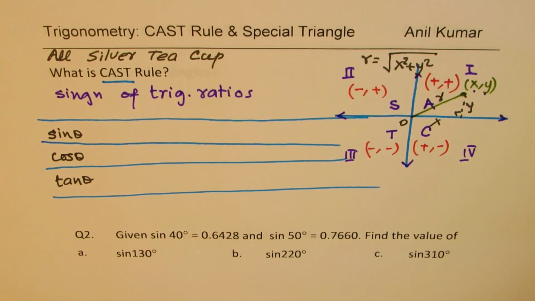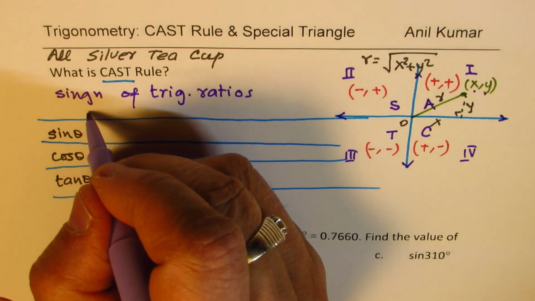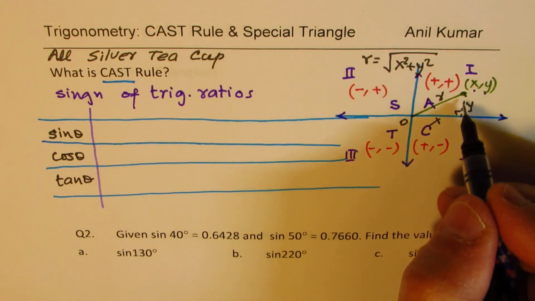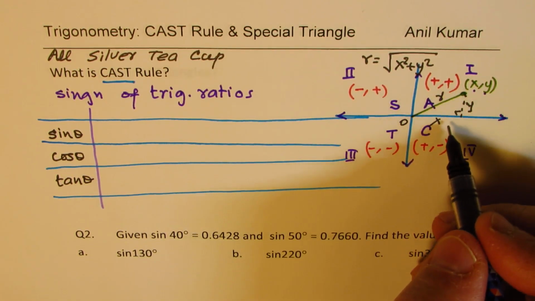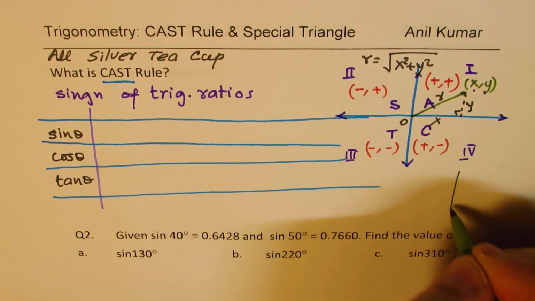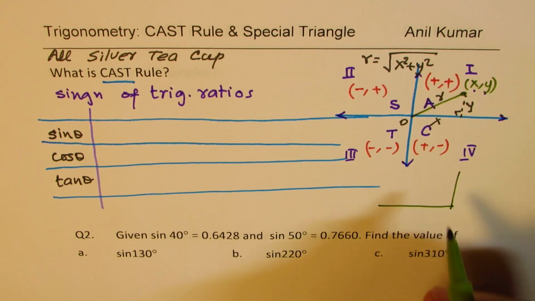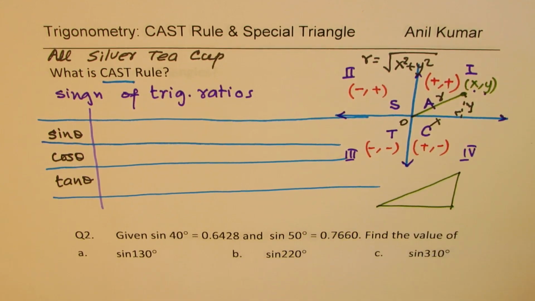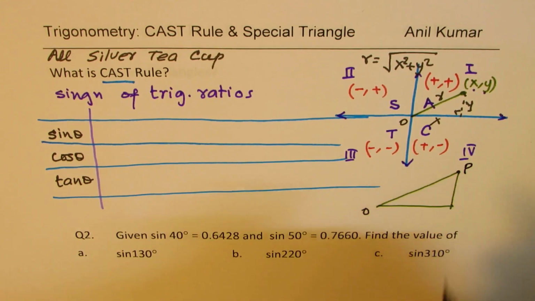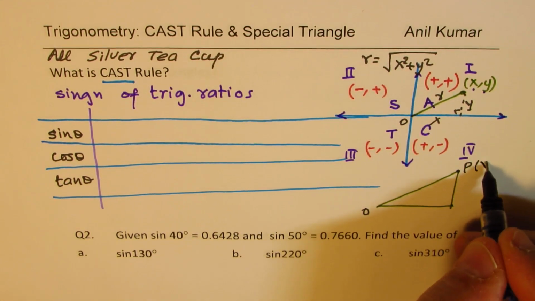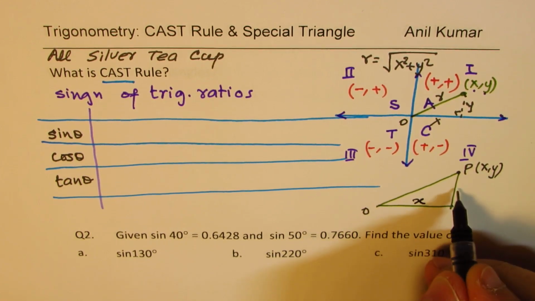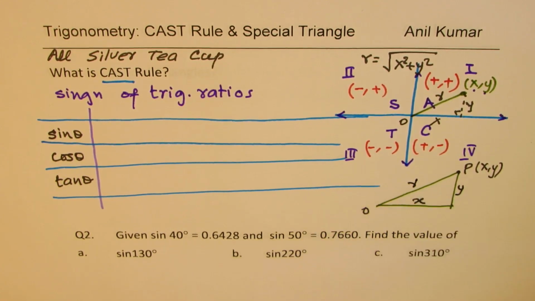Correct? Now, the ratio of sine and cosine, as you know, is simple. In this triangle, which we are looking into, where the sides are x, y, and r, let me redraw this triangle slightly bigger, that'll be better. So if this point is O and let's call this point P with coordinates x and y, then x is your horizontal distance, y is the vertical distance, r is this.